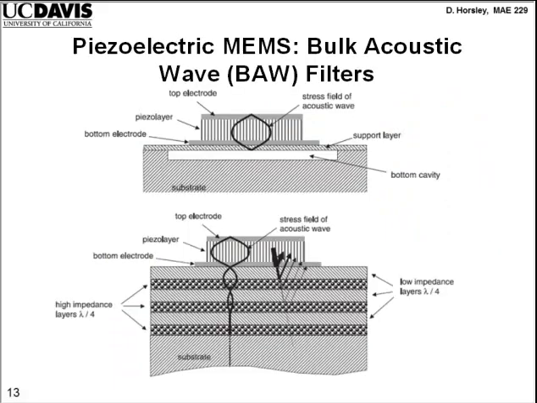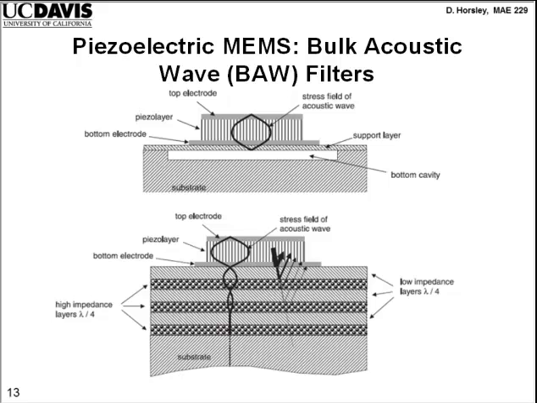But electrostatic resonators are not the whole story, because there are also piezoelectric MEMS resonators, and in fact the only filters that are in large-scale production right now are actually piezoelectric. So the dominating technology for piezoelectric filters, well, there are the surface acoustic wave filters, but there are also what are called bulk acoustic wave filters, BAW filters, and that's what's shown on this page here.